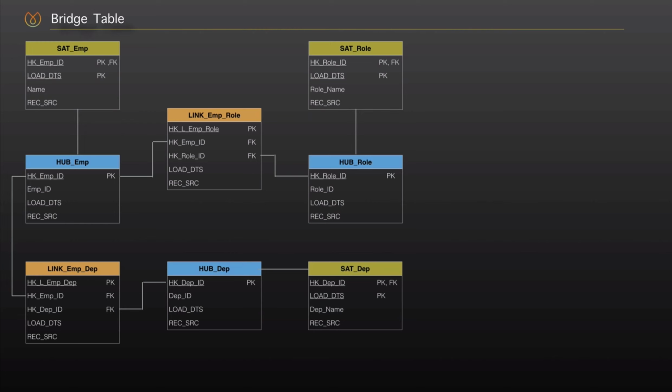We also have satellite tables connected to each hub that include the descriptive information about the name of the employee, department, and role. As a report owner, I would like to report who my employees are, in which department they work, and what their roles are.